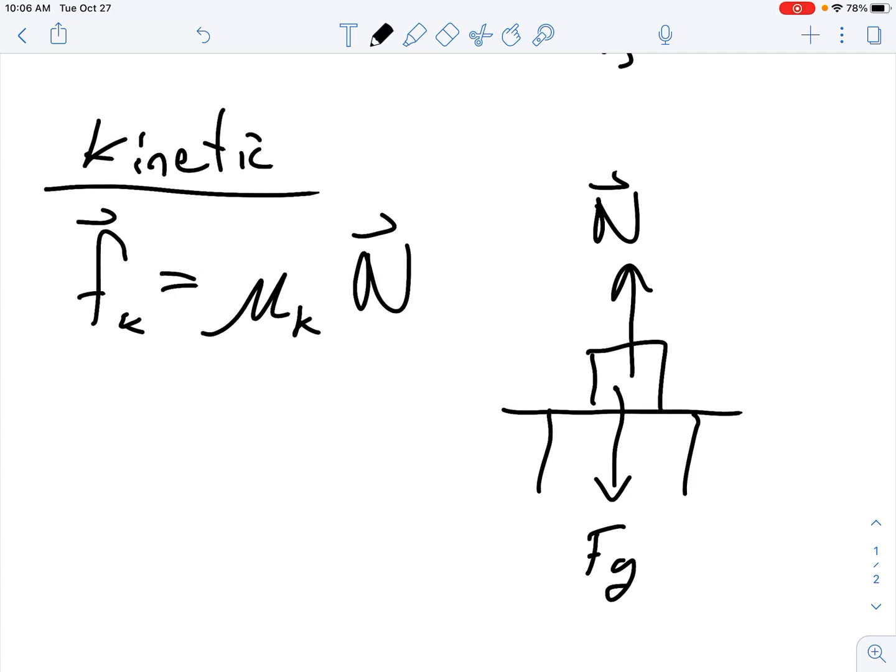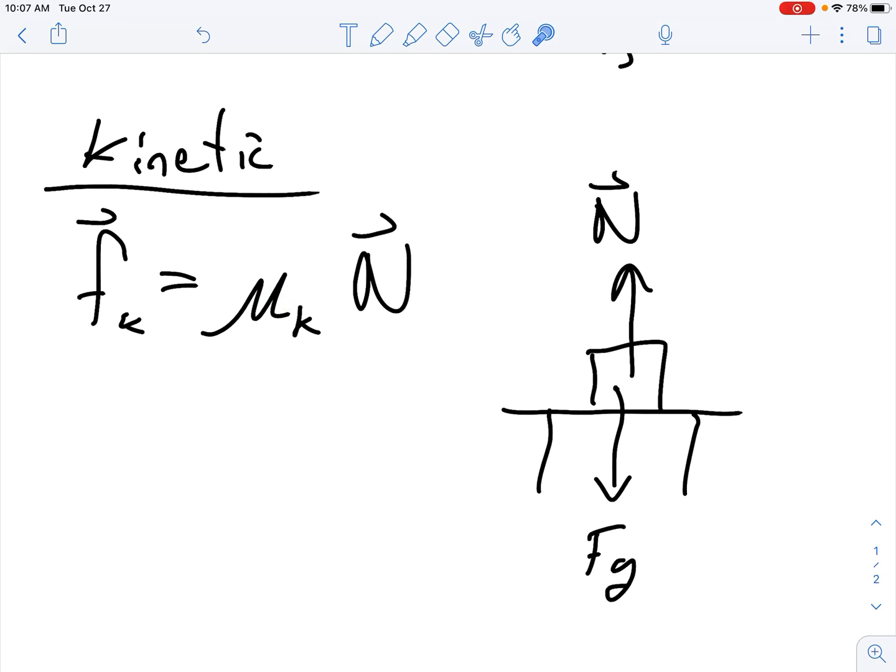Now that brings us to mu. Mu is called the coefficient of kinetic friction. Coefficient just means it's a number, a constant, but it's a material dependent constant. For example, if you had rubber rubbing against glass, you'd have one particular coefficient of friction.